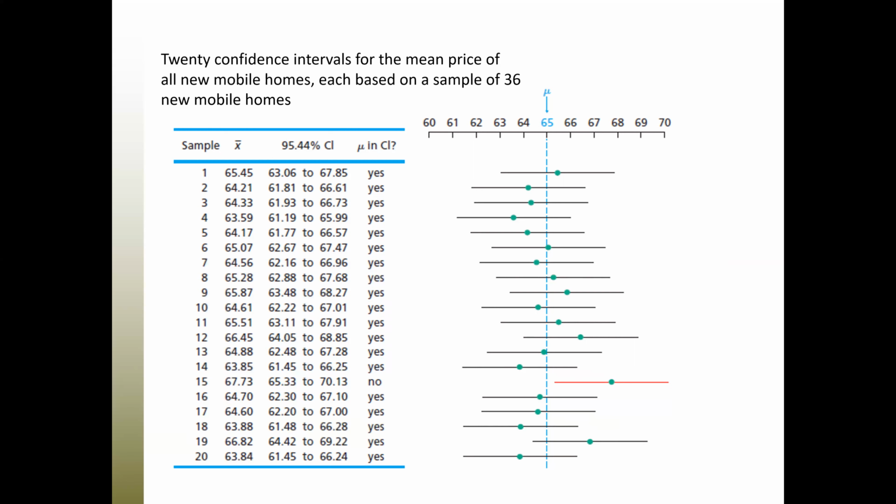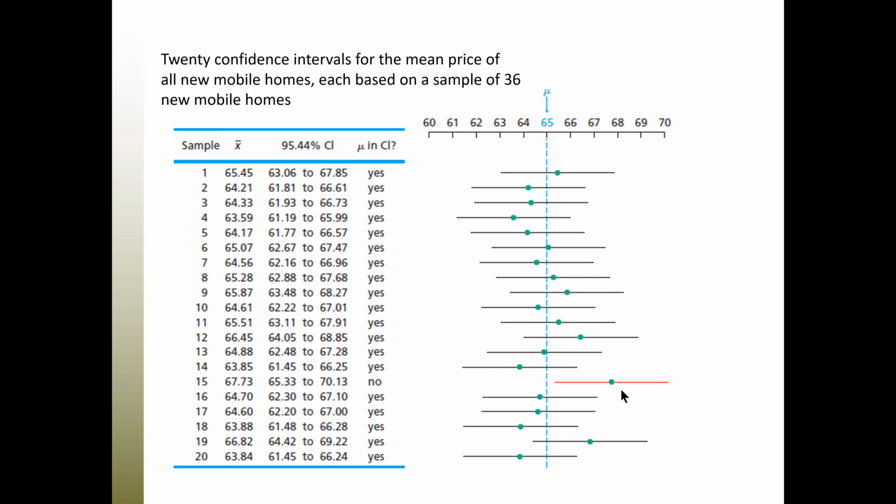You see the dashed line, mu, that's where the population mean is. Out of 20, 20 times 95% gives you 19, so 19 intervals hit the target.